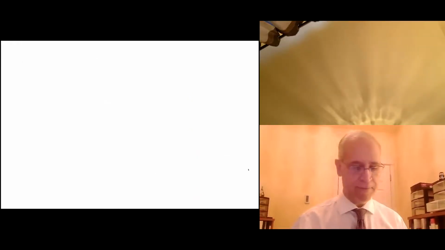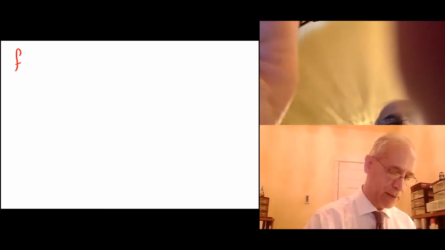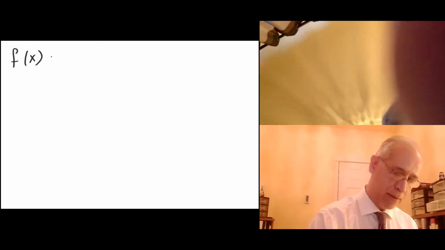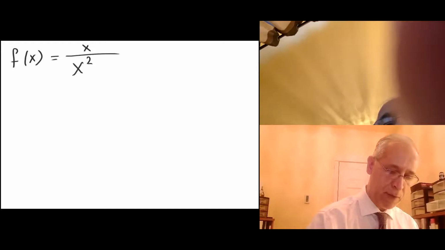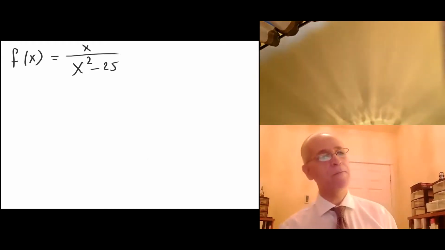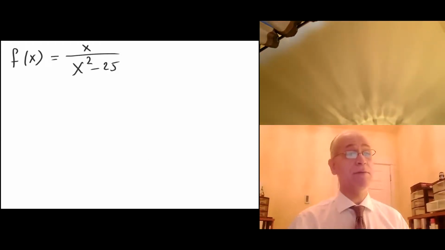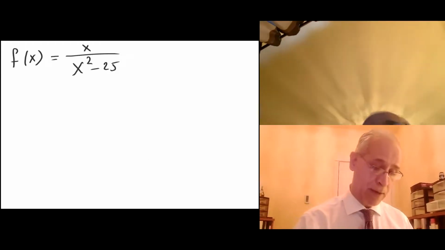Suppose I have f of x equal to, say, x over x squared minus 25. Is there any vertical asymptote? Well, let's see. I can rewrite this.